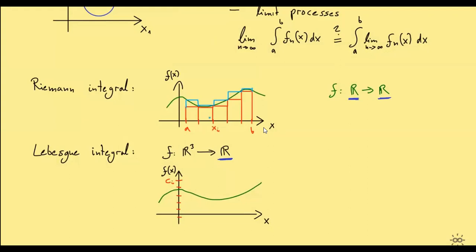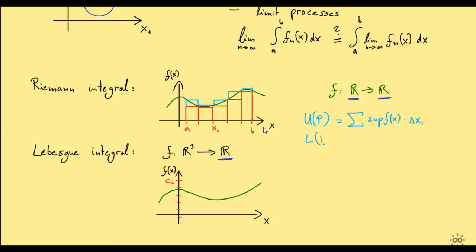Maybe as a reminder, what we did in the Riemann integral was we defined an upper sum of some partition of the x-axis. So you would write U of the partition, and this is the sum of all the rectangles, which means a sum, and then you choose the supremum inside the interval times the length of this interval, so times the length of your partition, so maybe delta x_i.